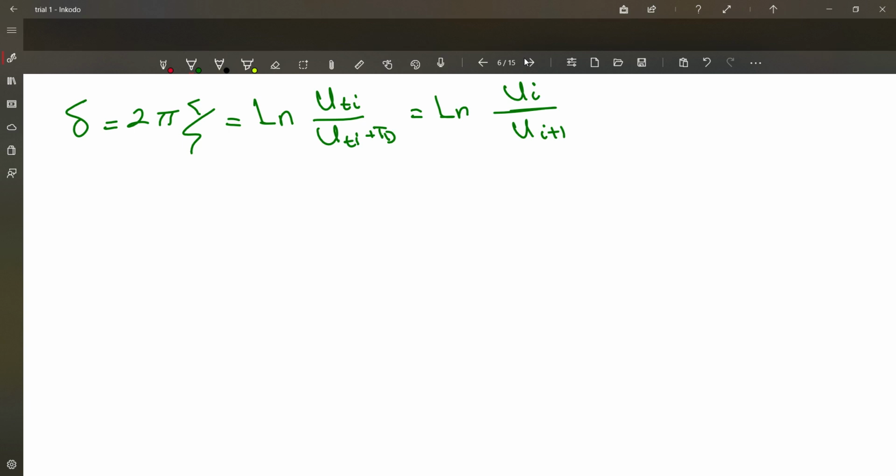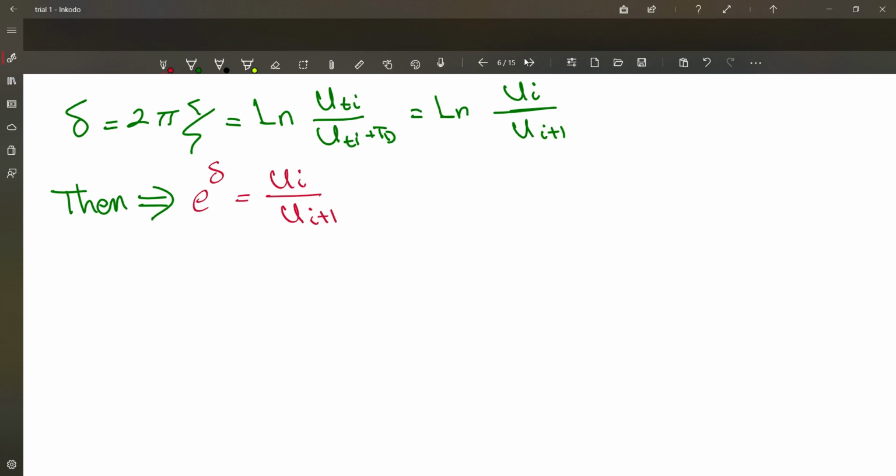Okay, so based on that, if you look at this equation, we can say that e raised to sigma, the logarithmic decrement, is going to equal ui over ui plus 1, right? That's what we have already said before.